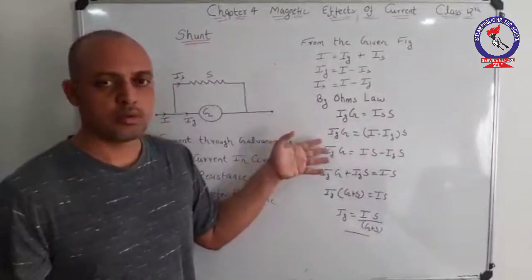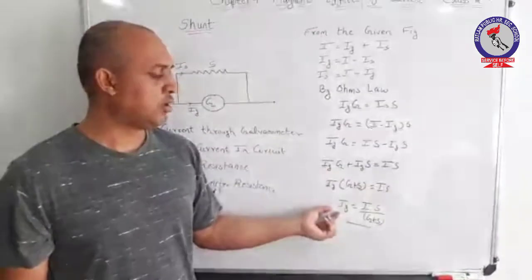The simple calculation shows how we are calculating the magnitude of this galvanometer current.